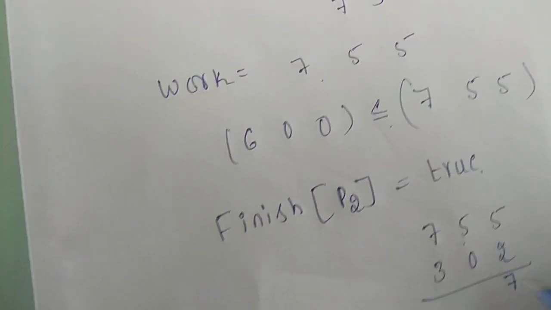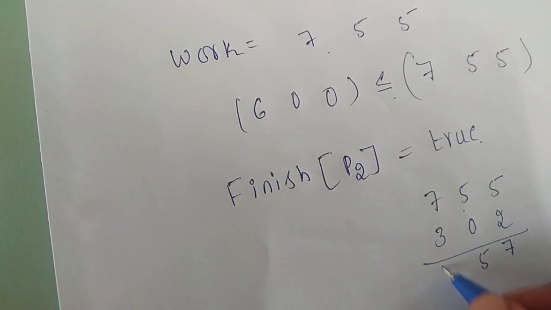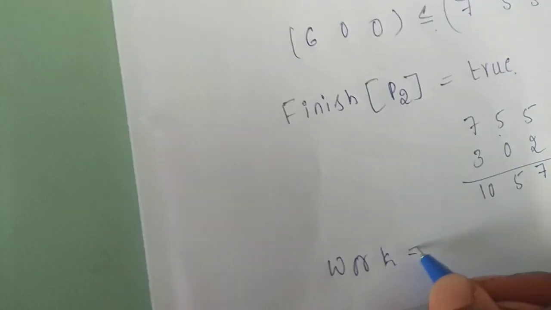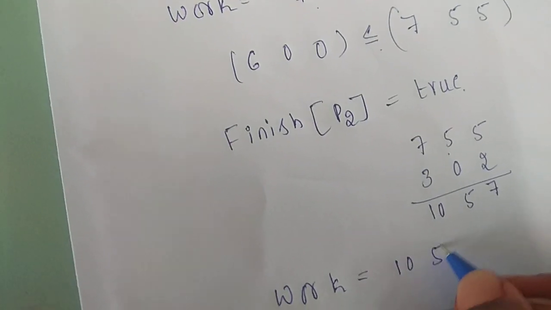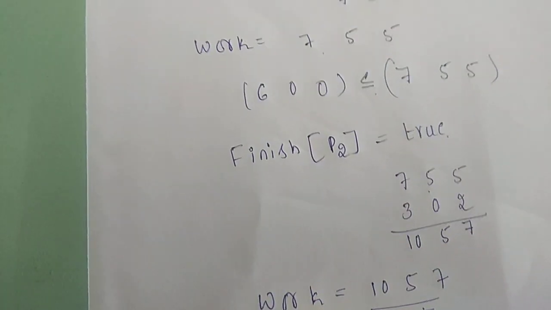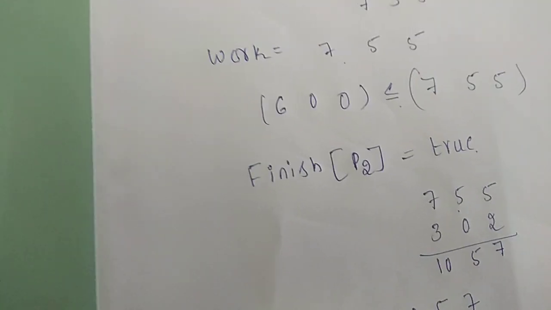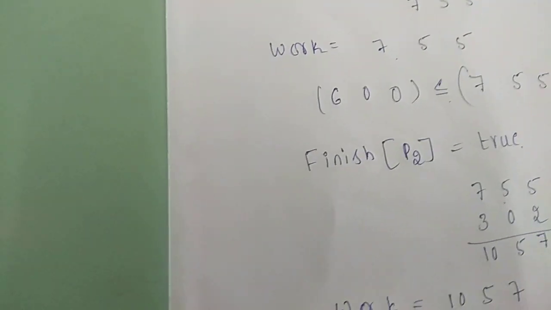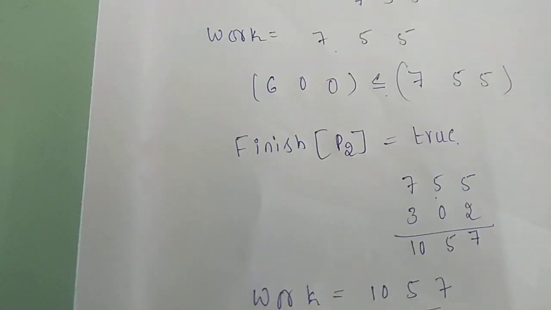That will be 10, 5, 7. So work is 10, 5, 7. Work is nothing but what? It is the resources, right? So it is not the end of the question, meaning the solution.